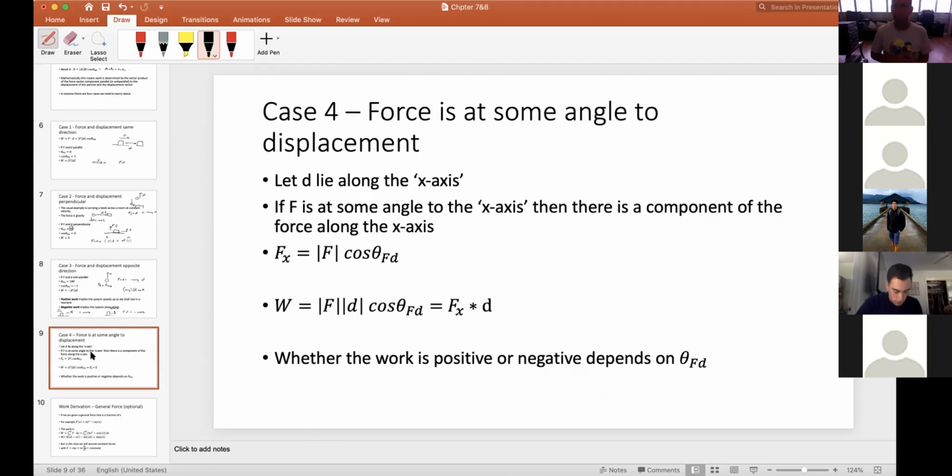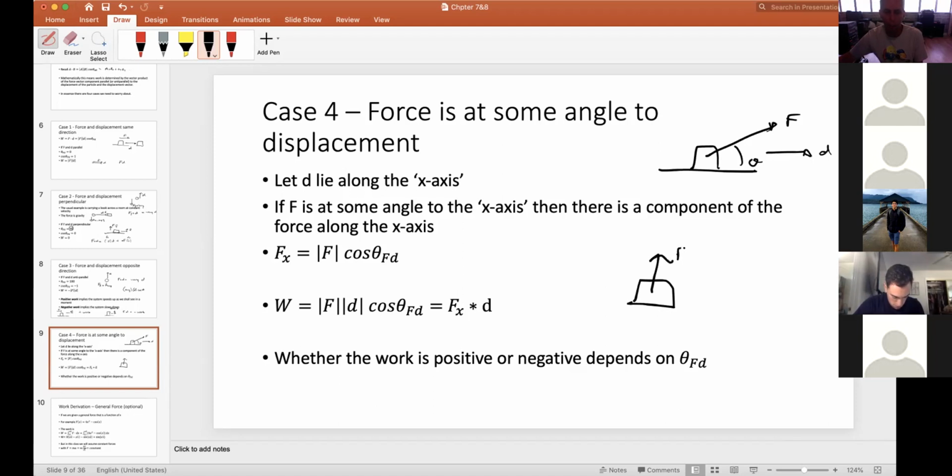All right. The final case, like all of these, is that if instead I apply the force at some angle, right, and then D is here, and I want to know how much work is done. We can think of this as resolving into two different forces, a force in the Y and a force in the X. D is in the X here.